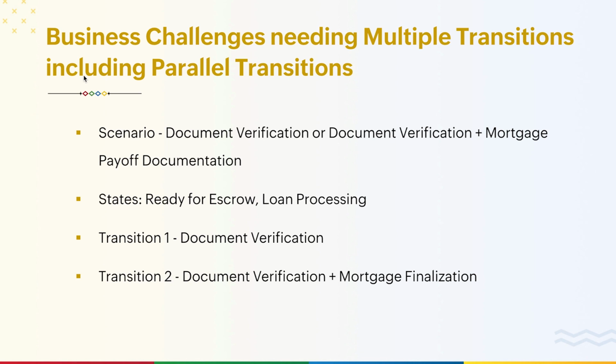Take, for example, the mortgage process. As the documents are being verified, other processes are settled to ensure that everything is in place before the loan process starts. In case of mortgage properties, as documents are being verified, a mortgage payoff process needs to be completed, as well as a payoff document or a payoff statement needs to be created.